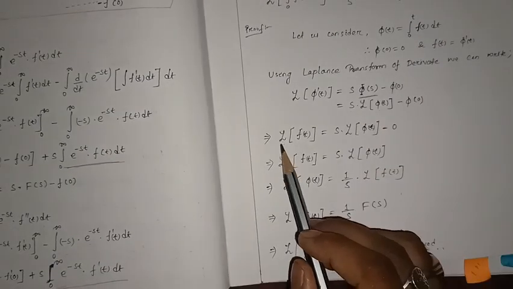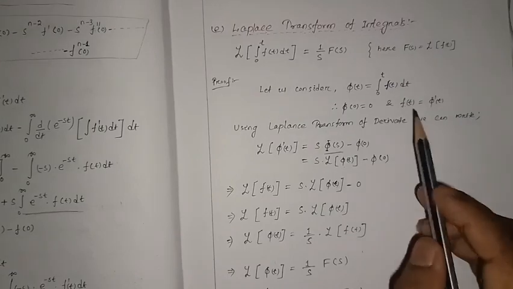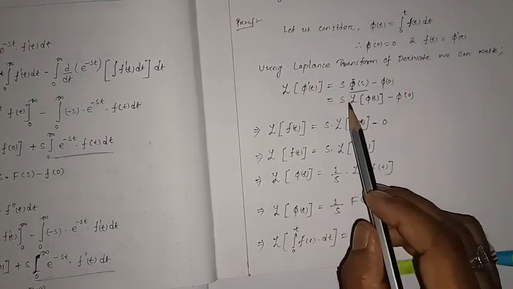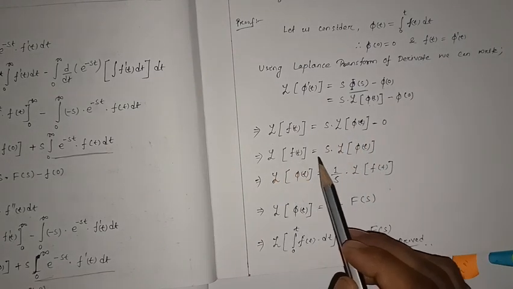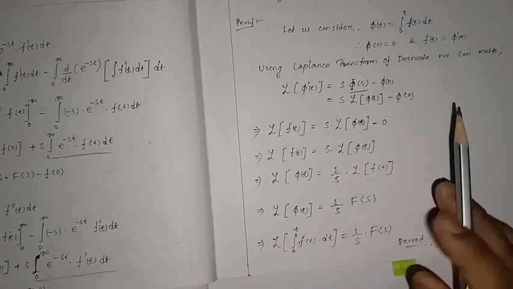So we found that the Laplace transform of f of t, because phi dash t is nothing but f of t, is equal to s into the Laplace transform of phi t, because phi 0 is 0.